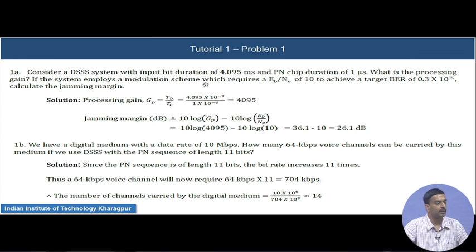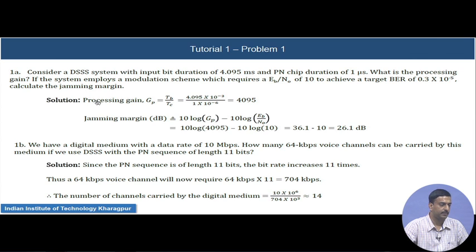Further, if this system employs a modulation scheme which requires an Eb by N naught ratio, that is energy per bit to the noise spectral density ratio, of 10 to achieve a target BER of 0.3 into 10 to the power of minus 5, then we need to calculate the jamming margin.